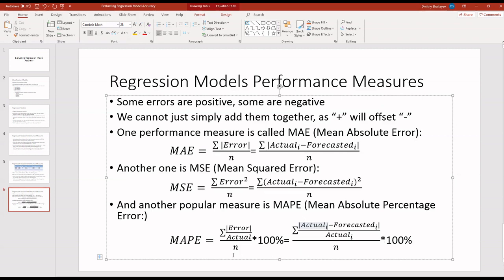Again, the meaning of the MAPE is that it tells you on average what percent of error you're making when using that specific regression model. Now obviously what I want is for my model to be precise, completely accurate, which means the forecasted values should ideally be exactly equal to the actual values.